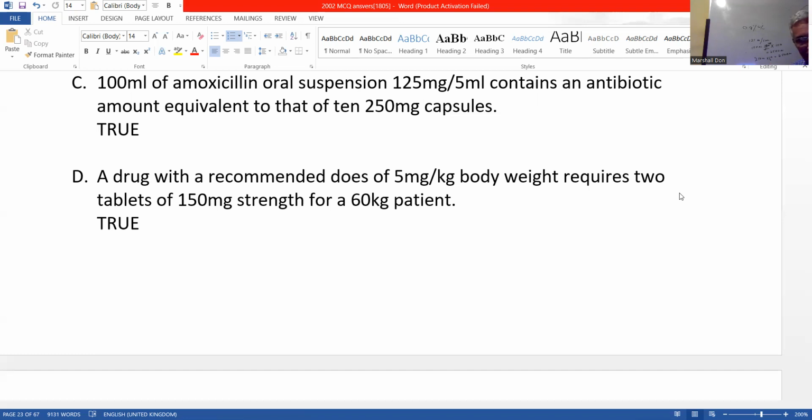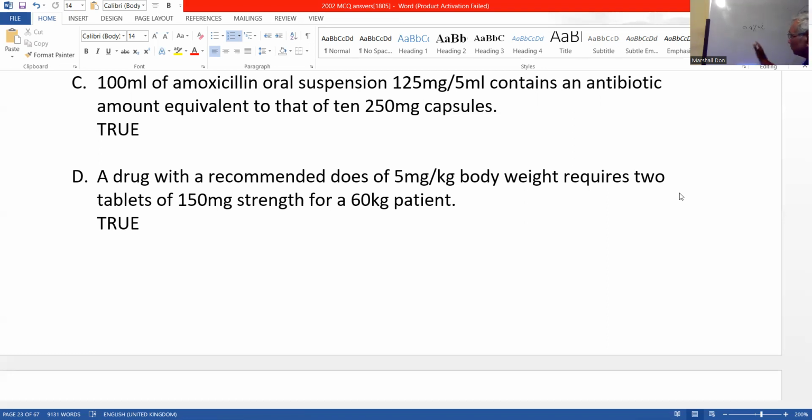D. The drug with a recommended dose of 5 milligram per kilogram body weight requires 2 tablets of 250 milligram strength for a 60 kilogram patient. Each kilo of body weight needs 5 milligram.